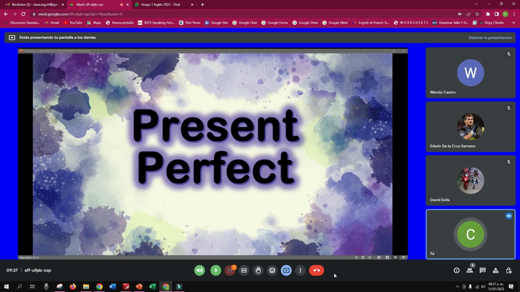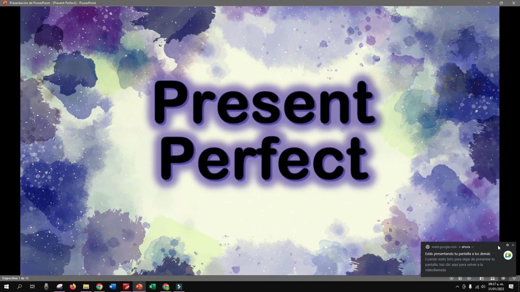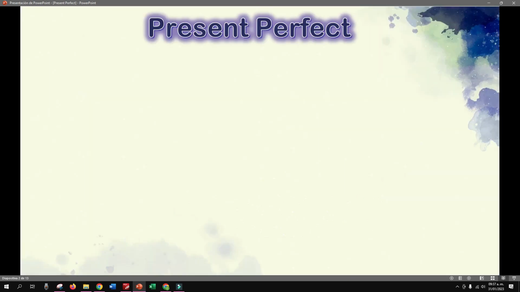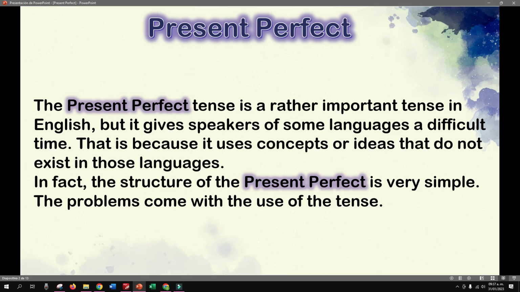There you have it. Present perfect. It says present perfect tense is a rather important tense in English, but it gives speakers of some languages a difficult time sometimes, right? That is because it uses concepts or ideas that do not exist in those languages. In fact, the structure of the present perfect is very simple.